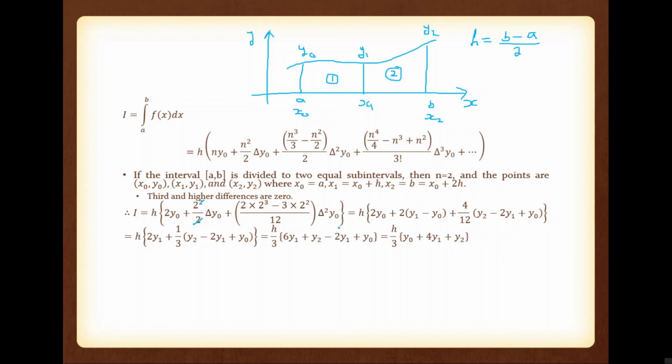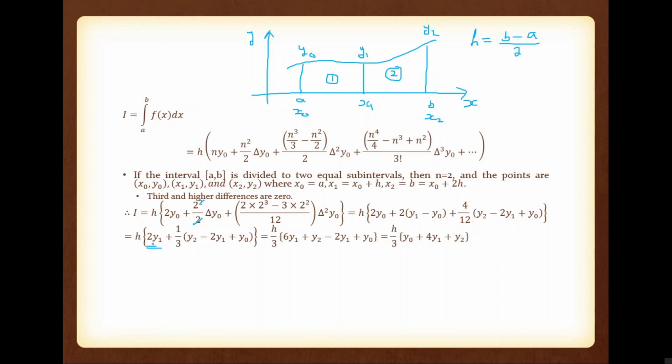Delta square y0 is y2 minus 2 y1 plus y0. Am I correct? So solving this, we have h into 2y0 and minus 2y0 cancelled, the remaining 2y1. Now this 4 by 12 is 1 by 3 into y2 minus 2y1 plus y0.